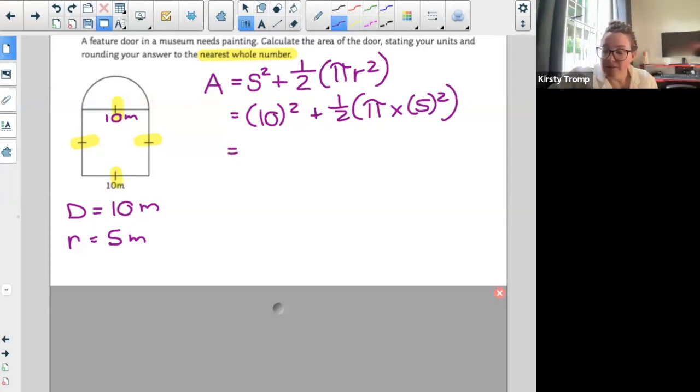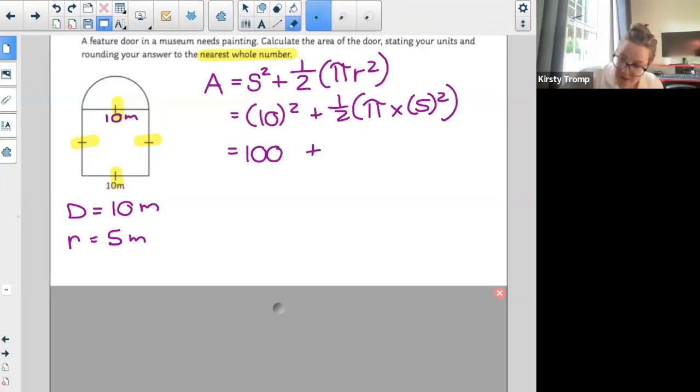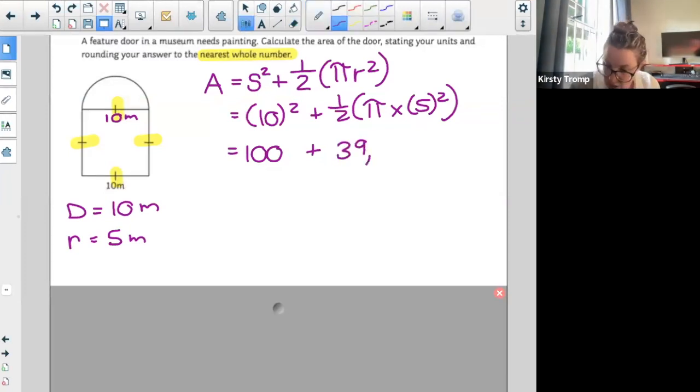Go calculate that for me, please. I'm going to break it down. 10 squared is 100, plus a half times pi times 25, which is 39.27, which is equal to 139.27.